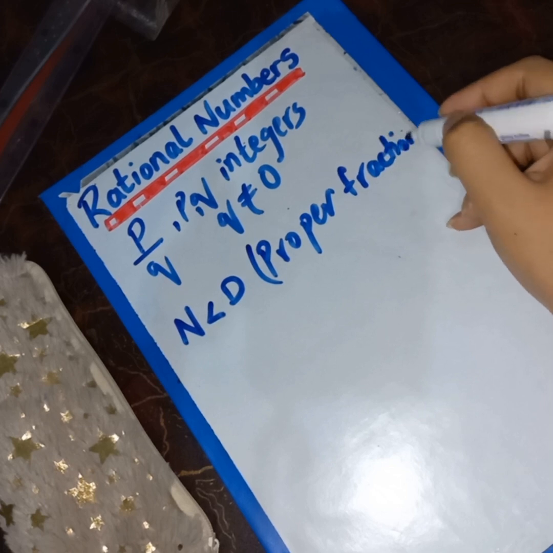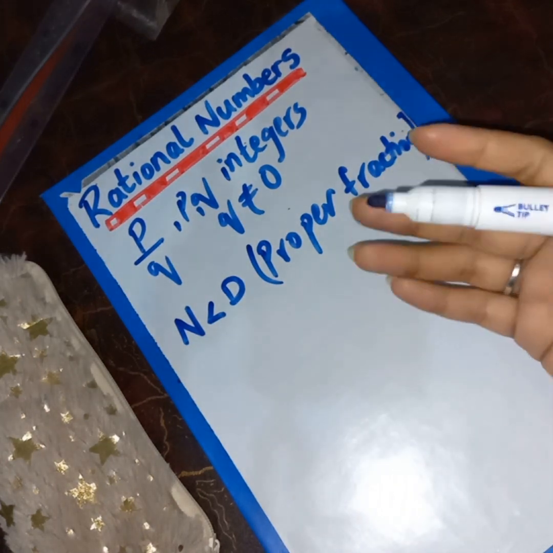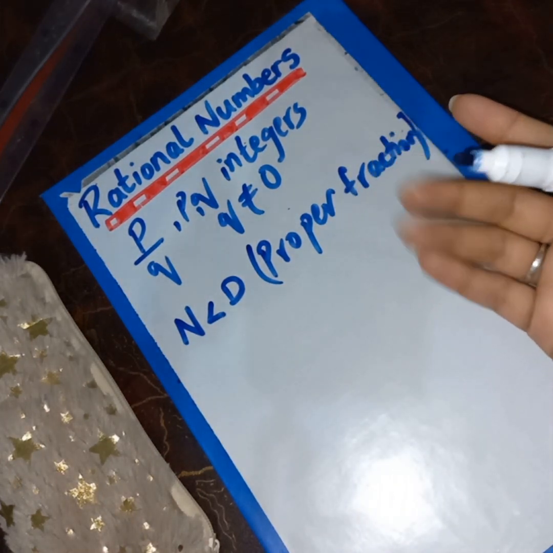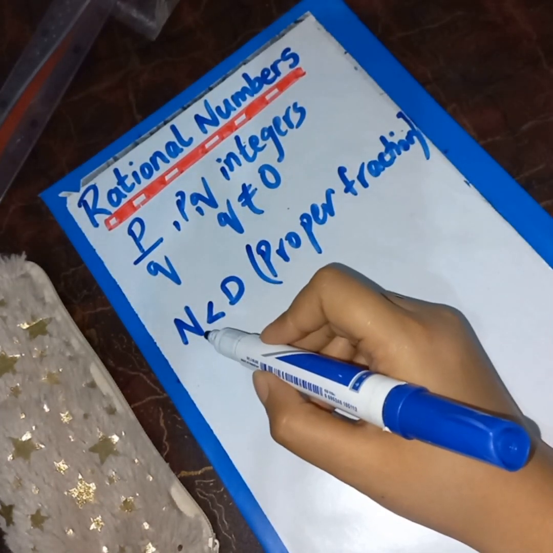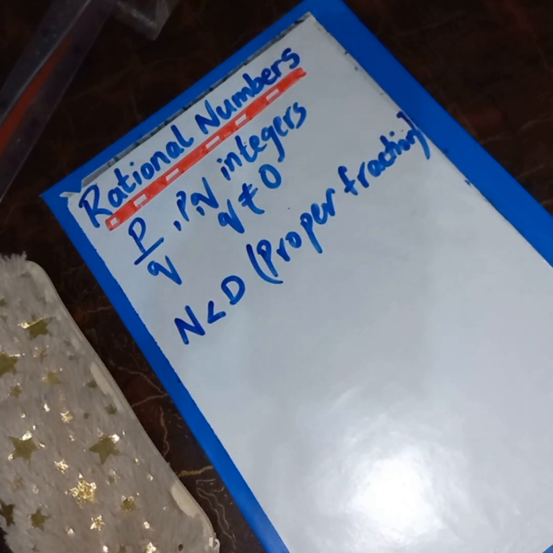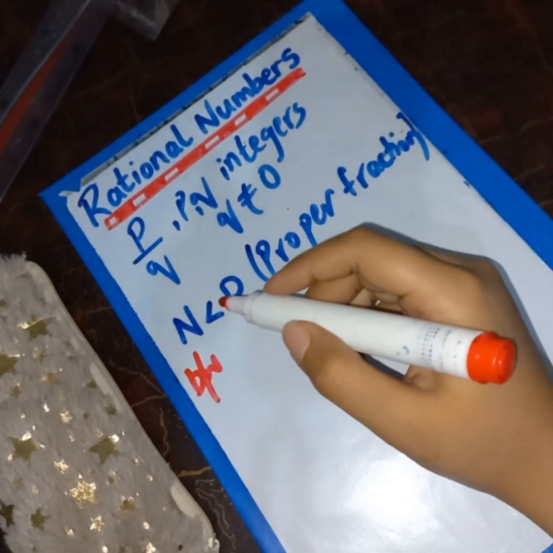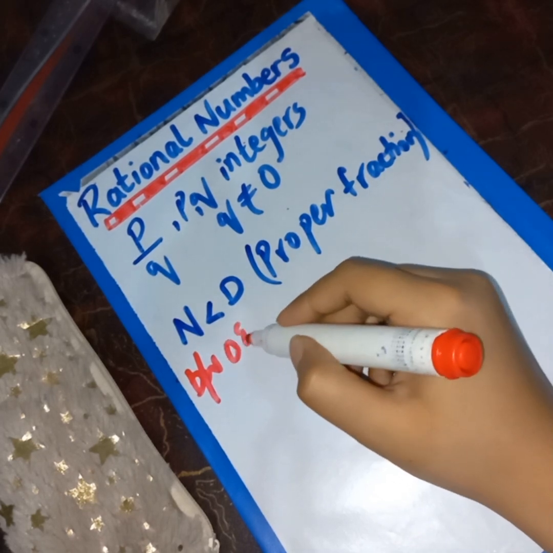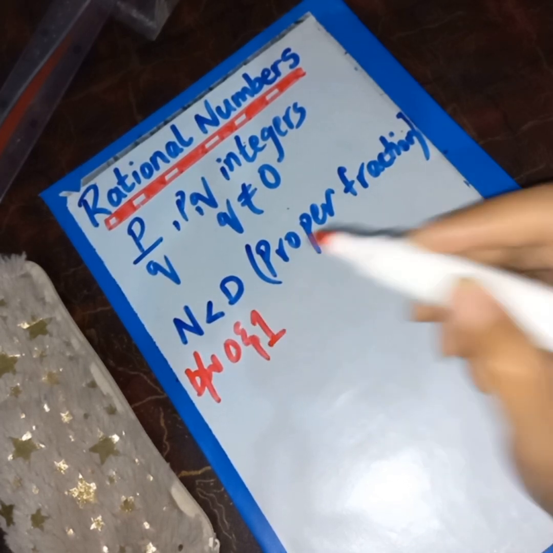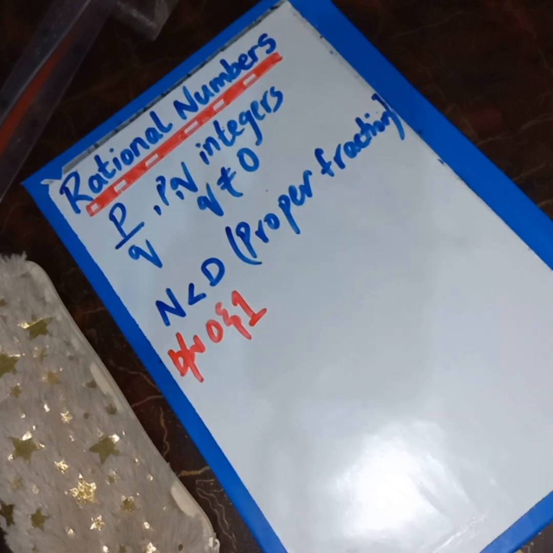Whenever you need to plot this type of fraction on a number line, it will come between 0 and 1 on the number line. Always use this trick, it will help you a lot.